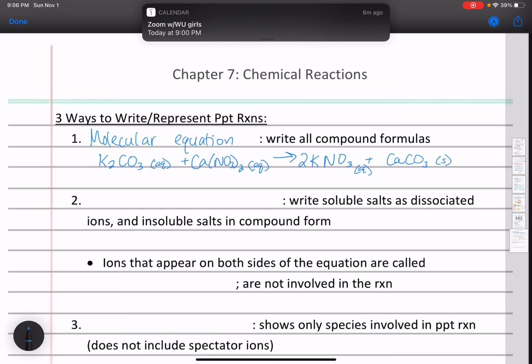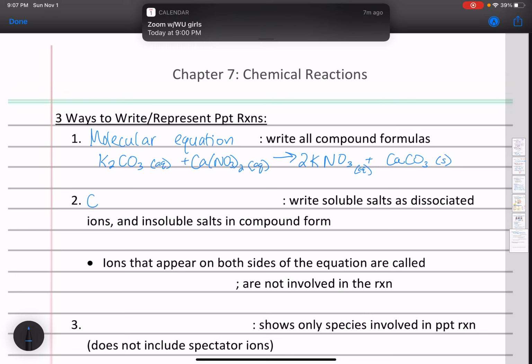So this would be a molecular equation. We've written out the formulas for each of these salts as compounds, and then we've just indicated which ones are aqueous. But of course, these aqueous salts are actually dissociated in solution.